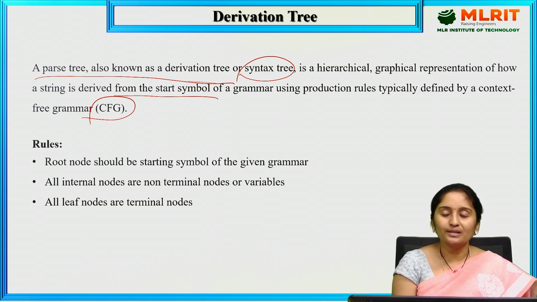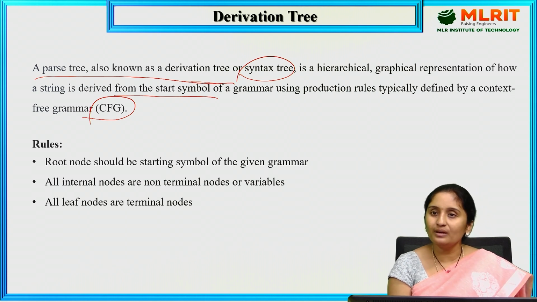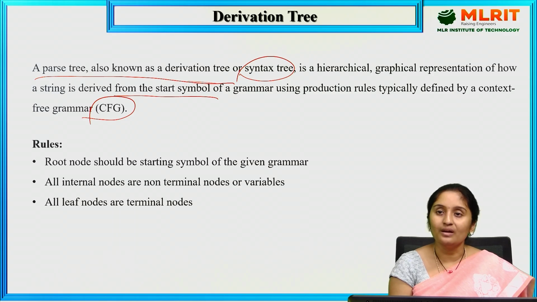We take the start symbol and apply the production rules for it to derive the given string. So the parse tree is the syntax tree, and we can also call it a derivation tree. The tree construction is done by taking the start symbol and deriving from it by applying the production rules in order to generate the given string.